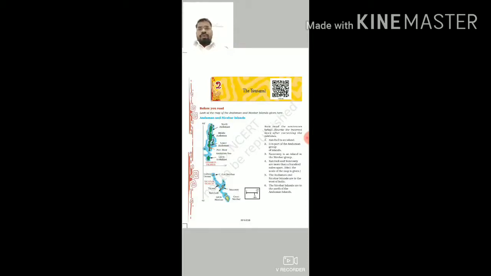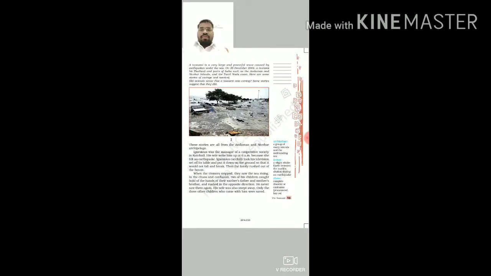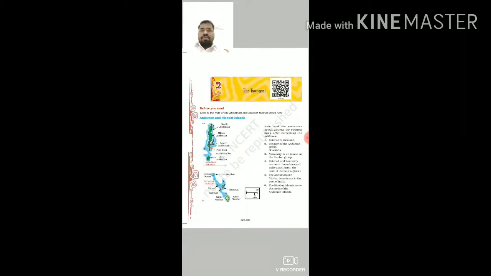So we know that on December 26, 2004, the tidal waves or tsunami struck our Indian subcontinent, some parts of the Andaman and Nicobar Islands, and Tamil Nadu also faced the problems caused by the tsunami.